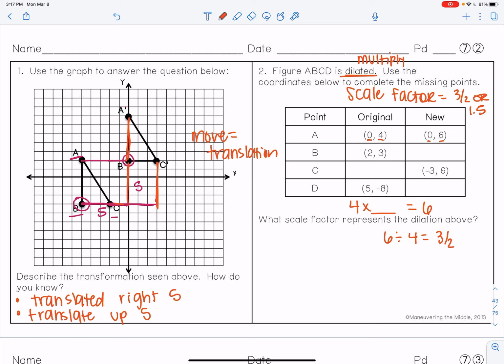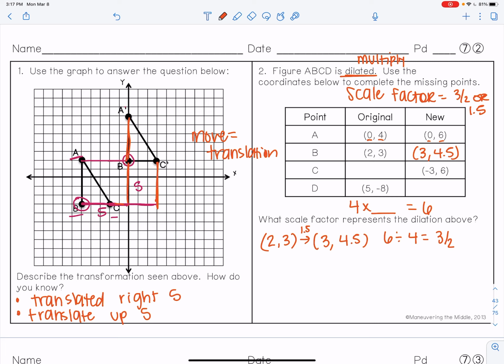So let's go ahead and do that. So you do from 2, 3, multiply both by 1.5. Make sure you're doing the X and the Y. So if I am doing that, then I will get 3 and 4.5. Do the same thing for your 5 and your -8.